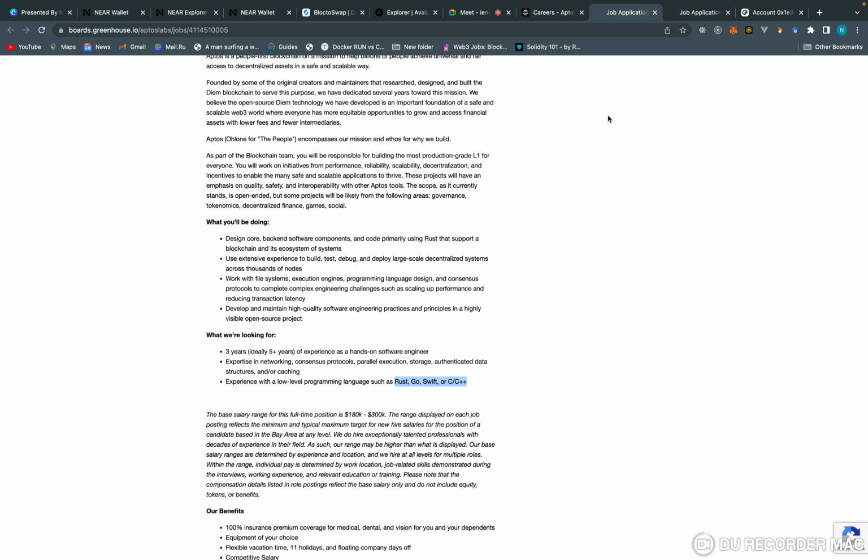So if you actually want to be able to switch careers easily between different blockchains, you should know Rust, Go, C, or C++.